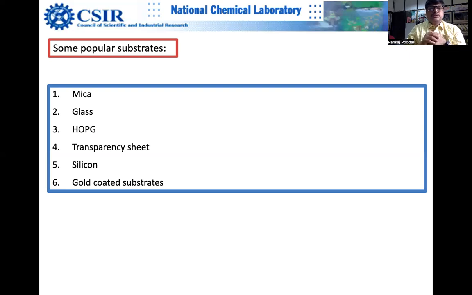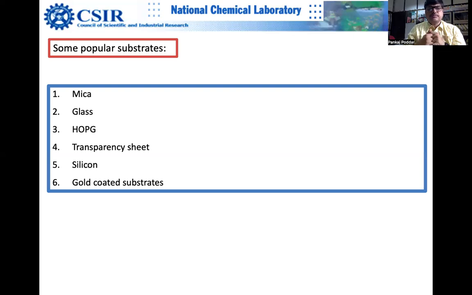This is the substrate of choice for electrical measurements because it has very high electrical conductivity and thermal conductivity as well.